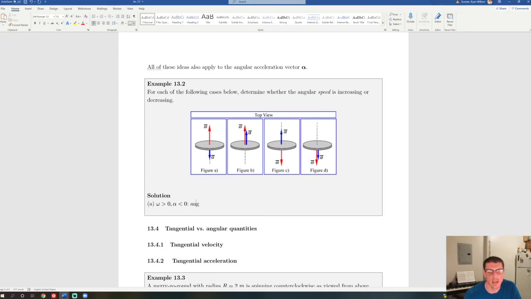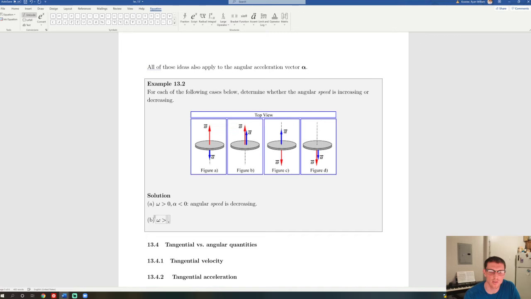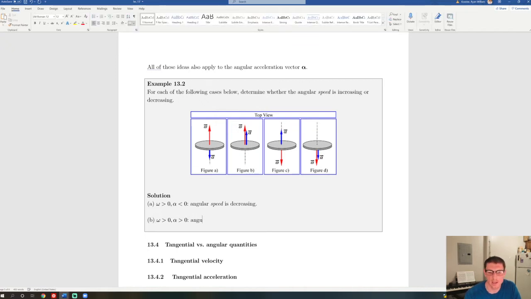So the angular speed is decreasing. Then for B, now we have a positive angular velocity and a positive angular acceleration, so the angular speed is increasing.